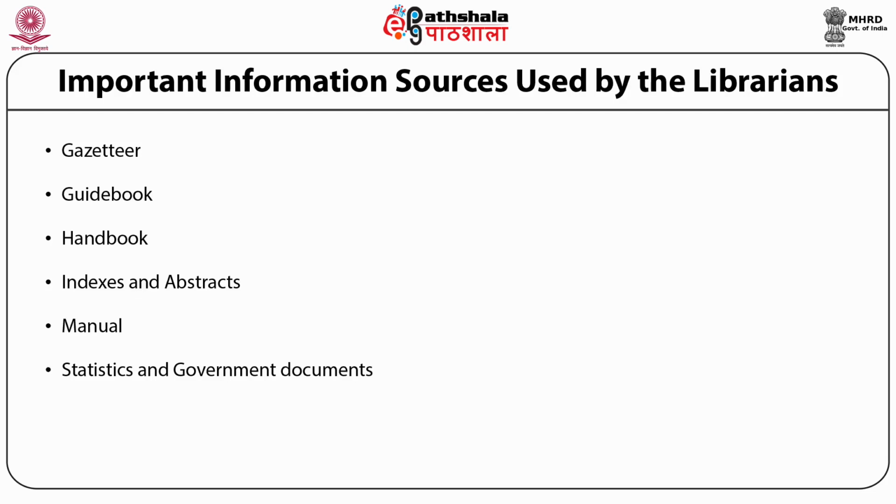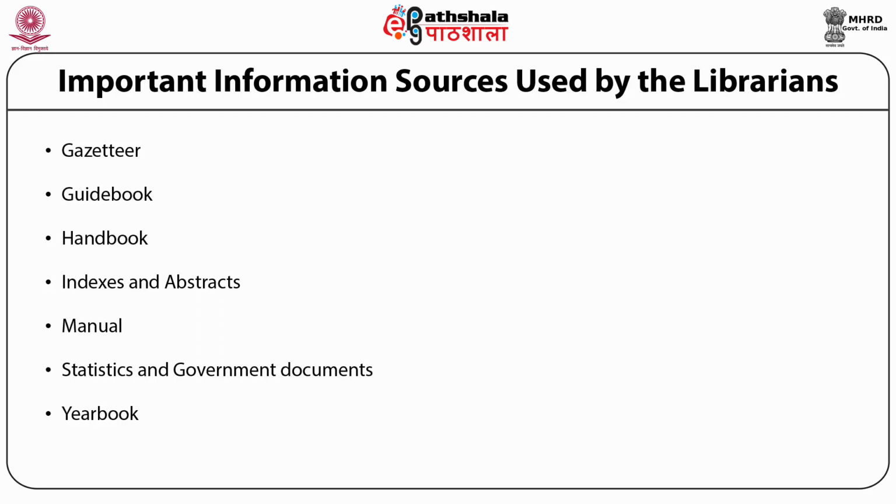Whatever has taken place over a certain period of time is shown in the statistics and the government documents. For example, we have the International Statistical Yearbook, etc. Then there are yearbooks. Yearbooks usually tell us about the events that have taken place in a particular year.